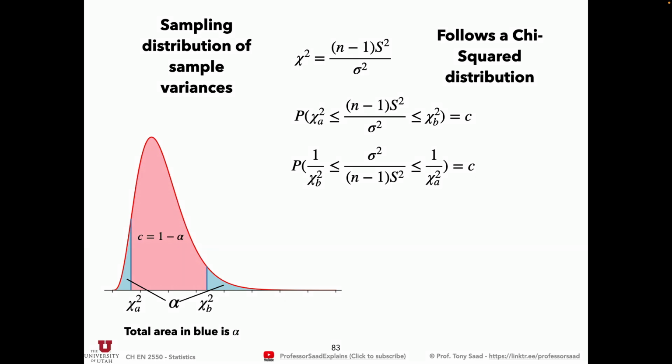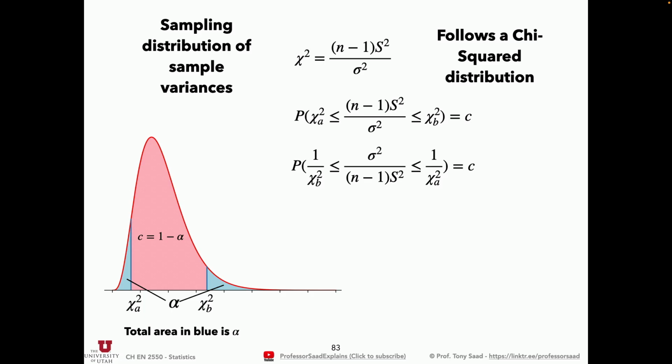So what you get is the probability that sigma squared over n minus 1 s squared is between, and notice now chi squared b is on the lower bound, because chi squared b is larger than chi squared a, so 1 over chi squared b is smaller. So it's going to go to the lower bound of the interval, and 1 over chi squared a is on the upper bound. And C is our confidence level.